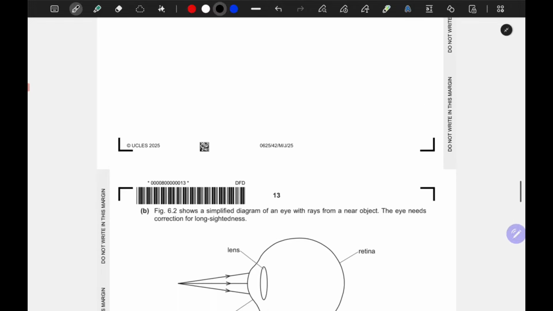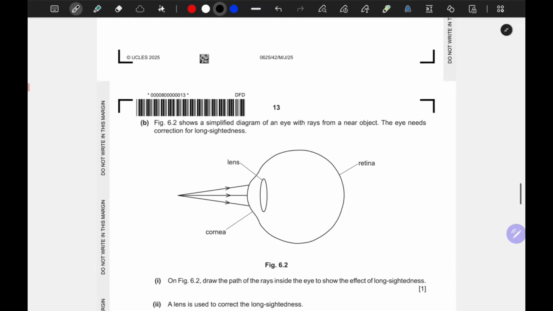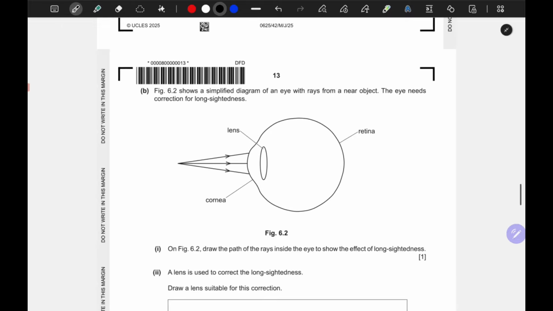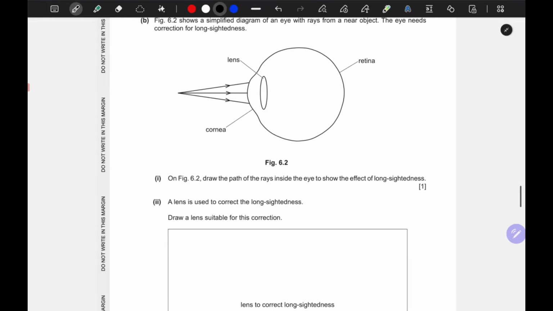Next question. Figure 6.2 showed a simplified diagram of an eye with rays from a near object. The eye needs correction for long-sightedness. On figure 6.2, draw a path of rays inside the eye to show the effect of long-sightedness.